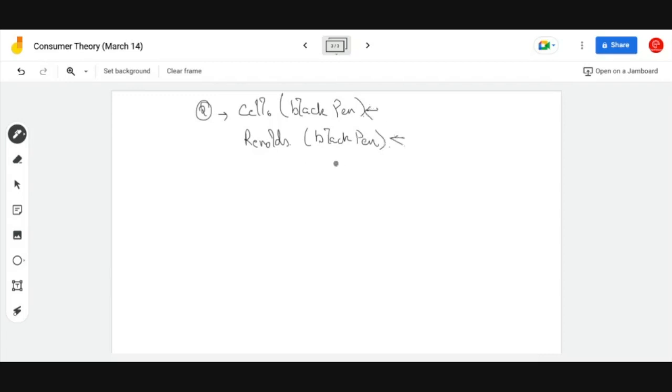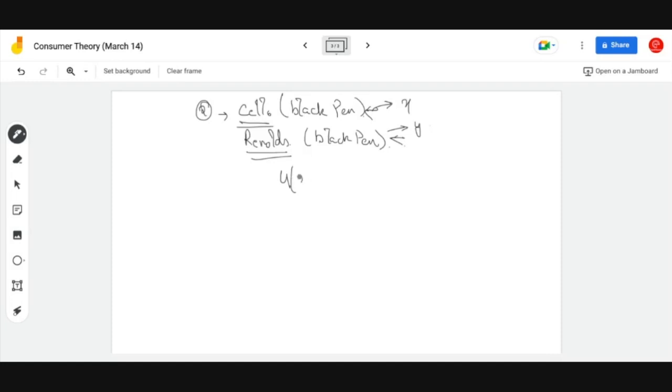So what kind of good is this? Whether it is a perfect substitute or complements or a quasi-linear good? Perfect substitute. Perfect. It doesn't matter whether you use a black pen produced by Cello or Reynolds, right? Yes or no?